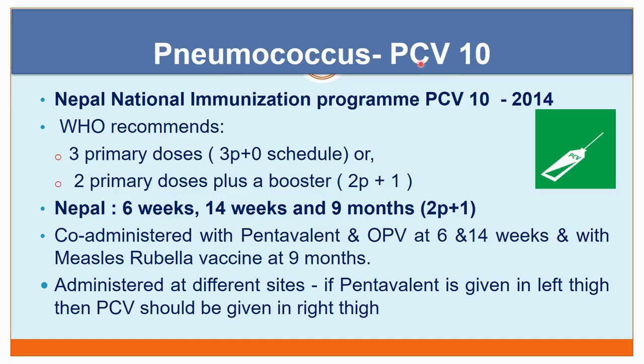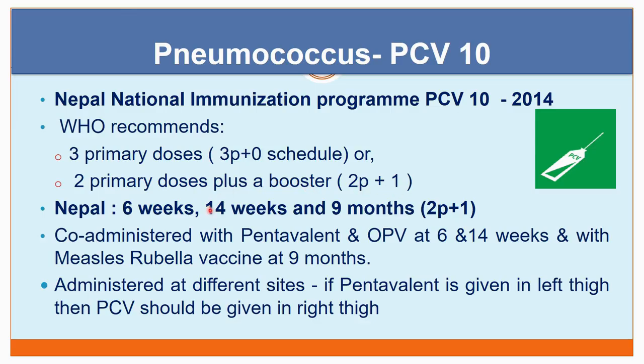Okay, pneumococcal PCV10, that is what we are practicing in the Nepal National Immunization Program, and this vaccine was introduced in the schedule in year 2014. WHO, World Health Organization, recommends 3 primary doses with a 3P plus 0 schedule or 2 primary doses plus a booster, that is 2P plus 1.